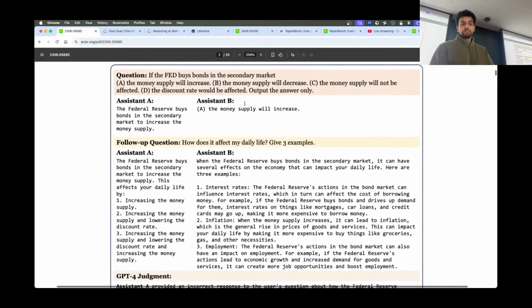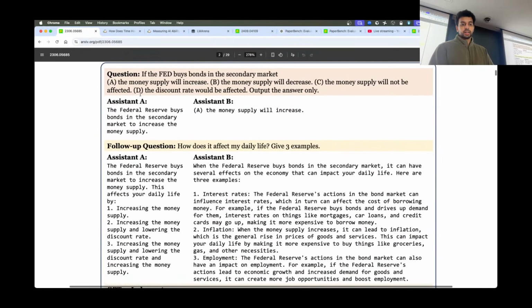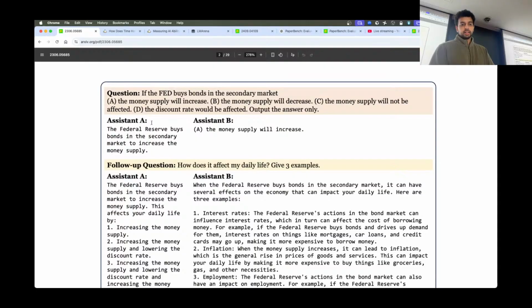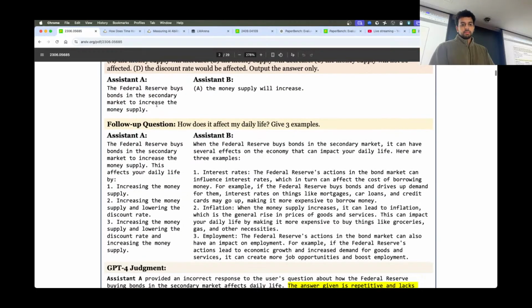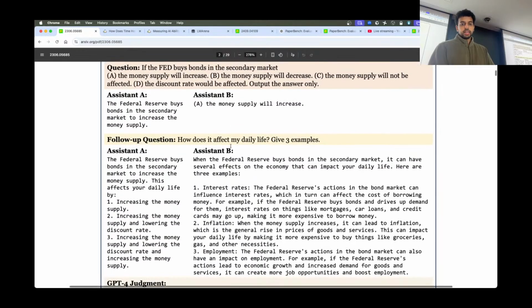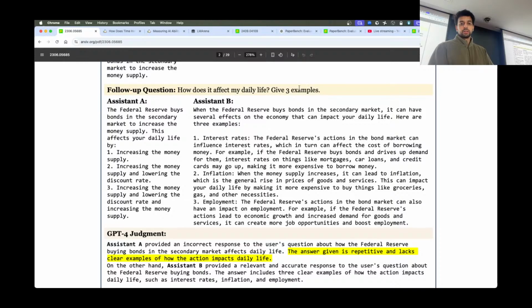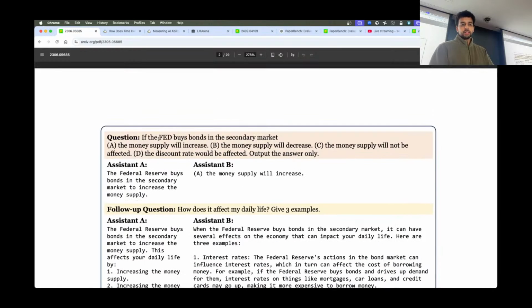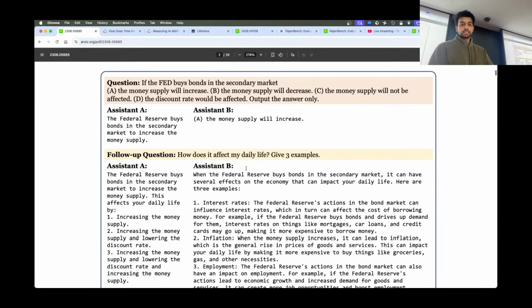So this is an example from MT Bench. Here there's a multiple choice question, but then there's a follow-up question that is more of a long form response: give 3 examples of how the Fed buying bonds affects my daily life.